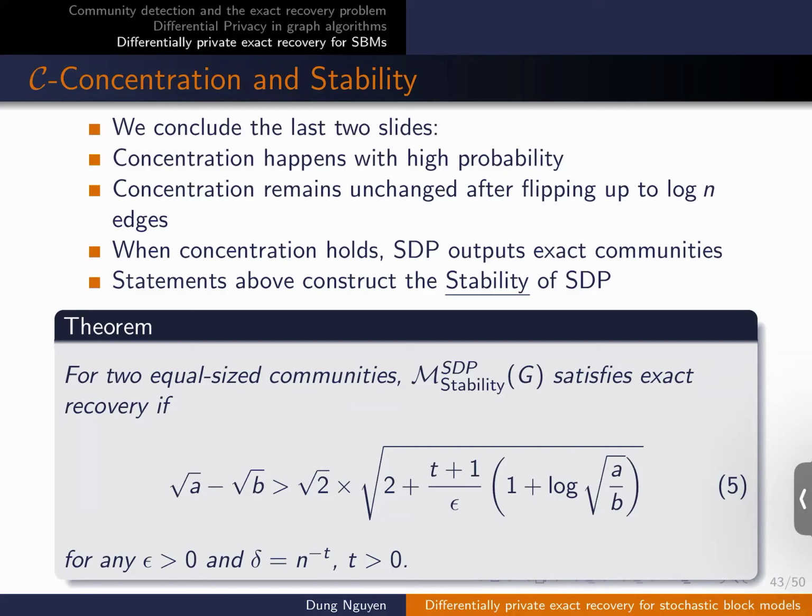Maybe just by looking at the epsilon-delta DP definition, you're able to show that for your specific problem, for the stochastic block model, delta has to go to 0 like n to the minus t? No, it's generally true for any epsilon-delta private mechanism. So delta must be smaller than 1 over n in many cases.